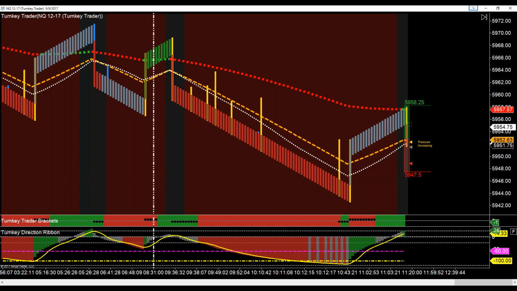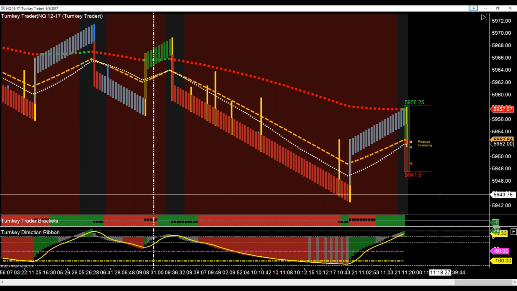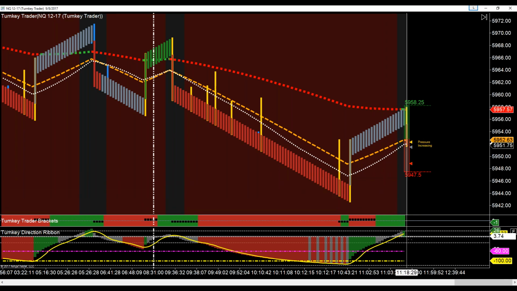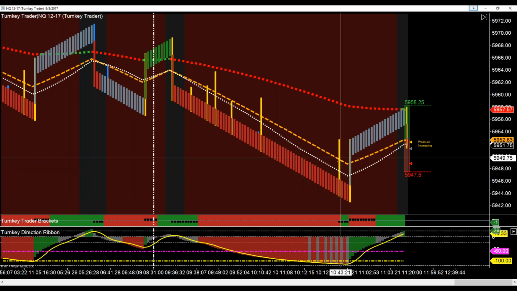I would like to see this bar play out, and then within 5 or 6 bars, however long it takes for my yellow line to get outside of this 25 range, that's when I'd start to look for a trend trade, if I got enough pullback for the bars to hit my orange trigger line.